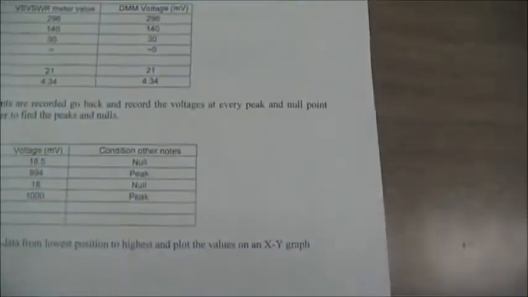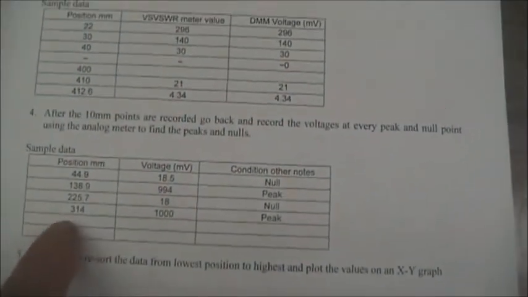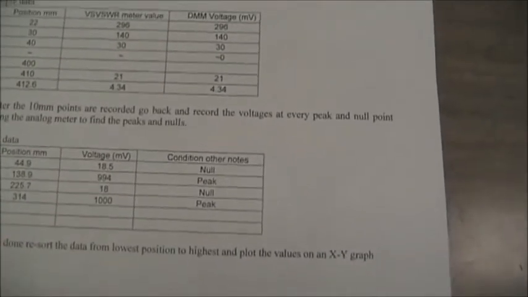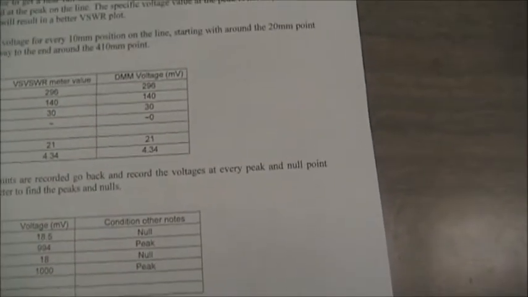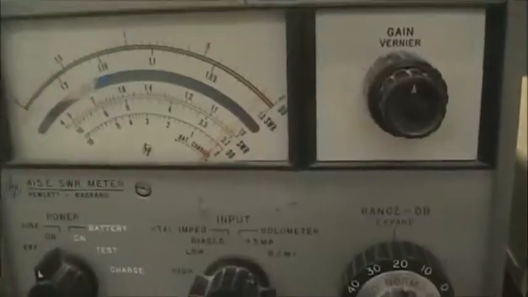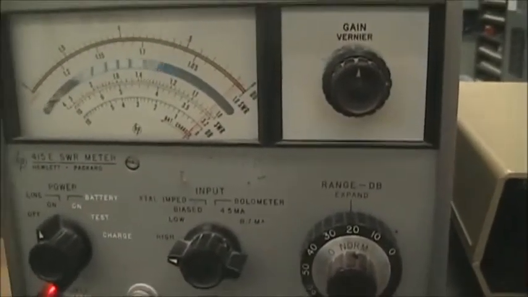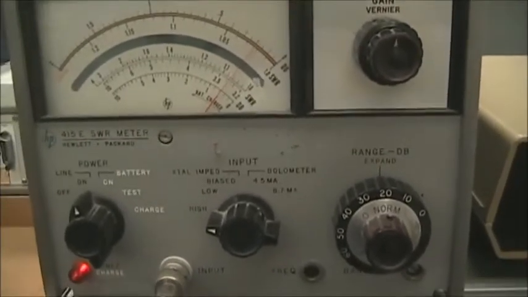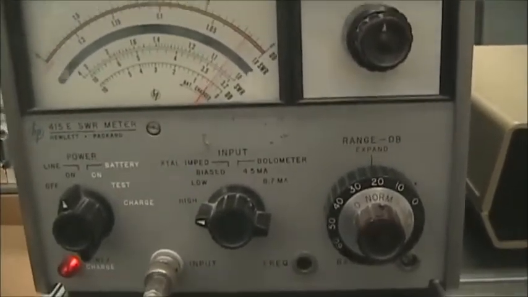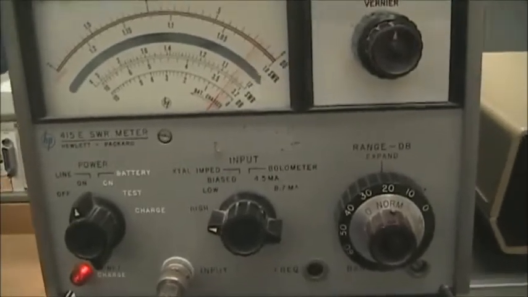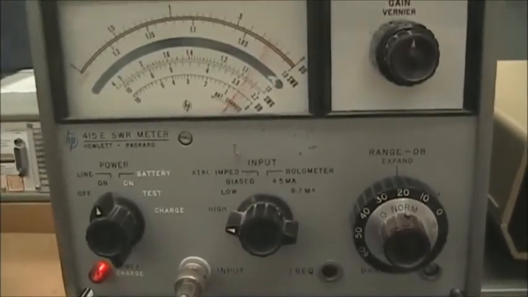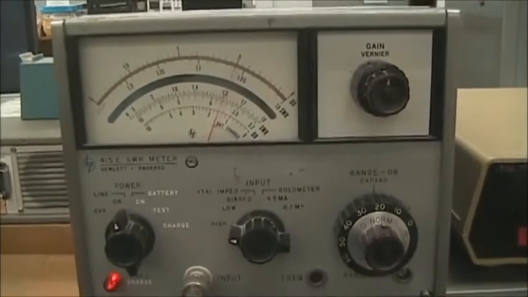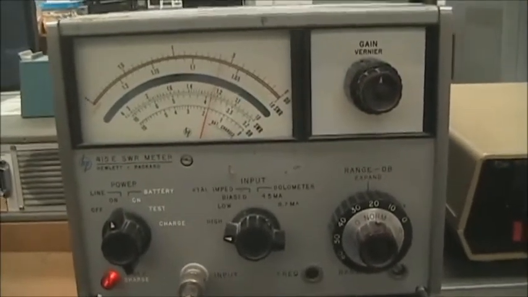Then I'm going to go back and find the minimums and the maximums, the peaks and the nulls, and then we can do some wavelength calculations related to those. All right, so that's the measurements that we're going to make. I'll give you data for a match, for an open, a short, 100 ohm, 200 ohm, and I'll try and make 25 ohms. And then your job is to plot the data and comment on the data.